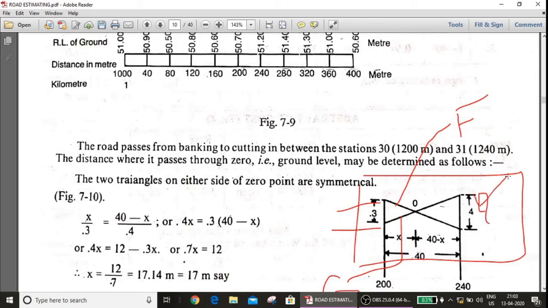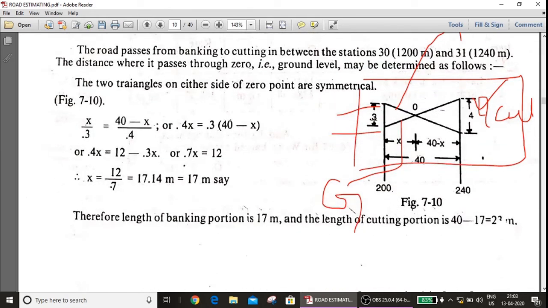Okay, for cutting. By the similar triangle concept, 0.3 and this is x, and we know the difference between the stations is 40. So one side we take as x and the other side will be 40 minus x.